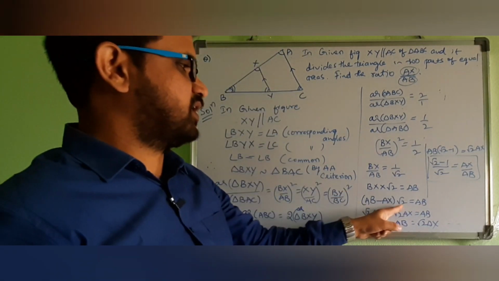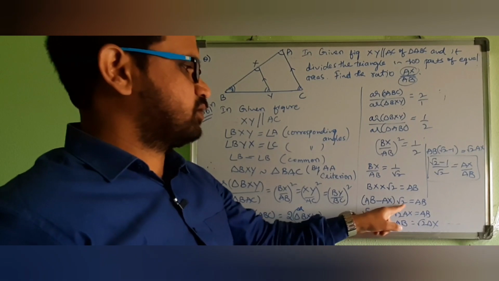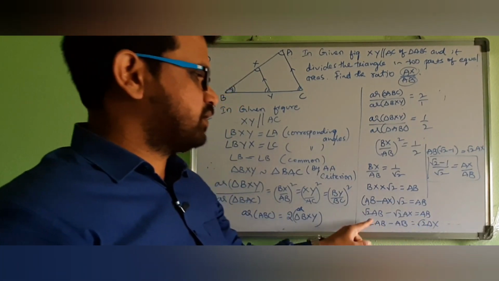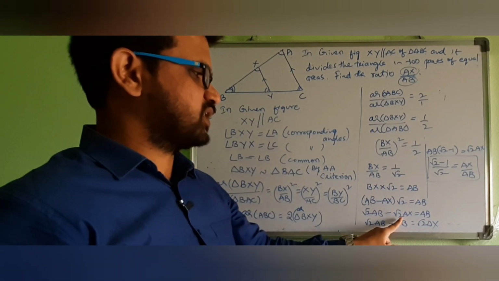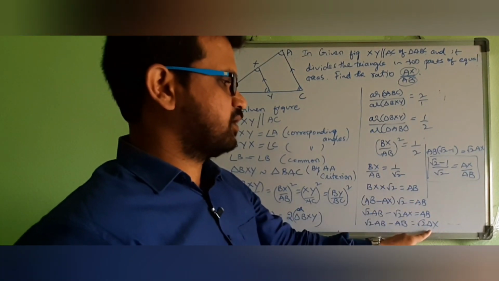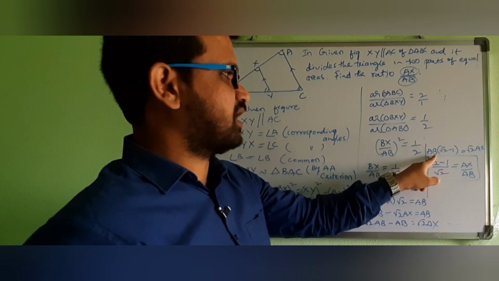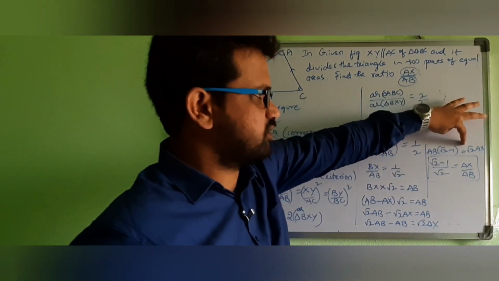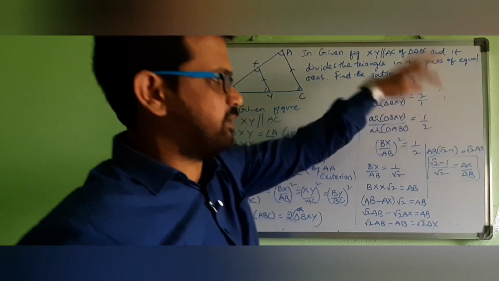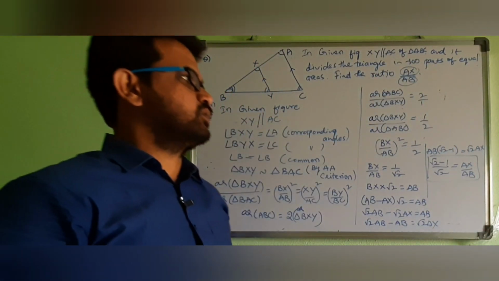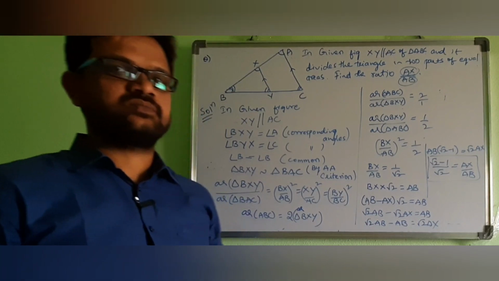Multiplying with root 2, root 2 AB minus root 2 AX is equal to AB. Root 2 AB minus AB transposed here, and root 2 AX transposed there. AB is common, so root 2 minus 1 is equal to root 2 AX. We need AX by AB, so AB transposed there, we get AX by AB. Okay, so they may ask this for 2 marks. Note down this.